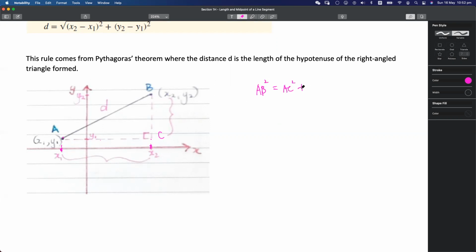We know our AC is equal to x2 minus x1, and our BC is equal to y2 minus y1. The distance is d, and our AB is equal to d. I can write my AB squared as (x2 minus x1) squared plus (y2 minus y1) squared.